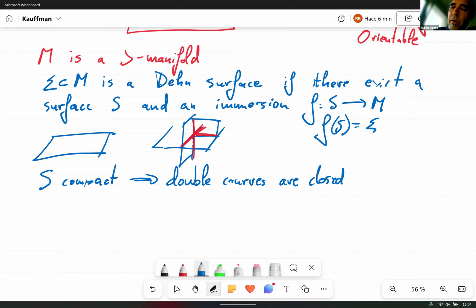Okay, if we start to walk along a double curve, we must end up in the same starting point.